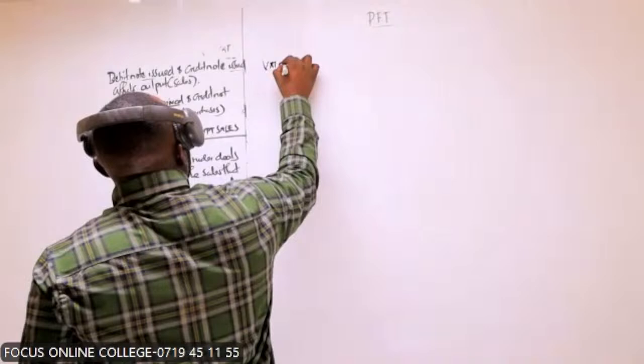The key thing: those goods that were purchased and sold as exempt, you don't include them, because you can identify them.